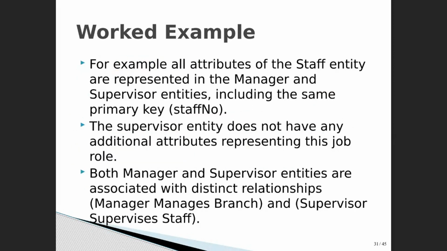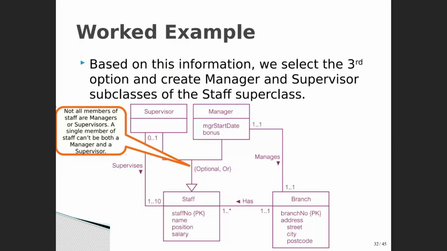Let's, for example, talk about if all entities will be represented in the manager and supervisor entities, including the primary key staff number. So let me just show you how it will look. See, here we have one manager and the other one will be supervisor.